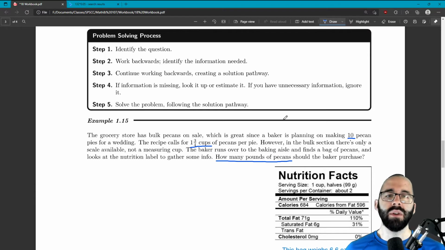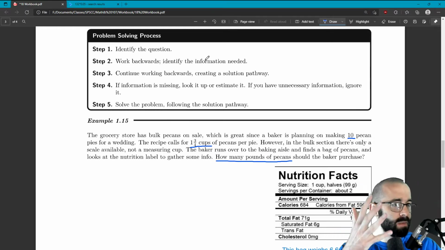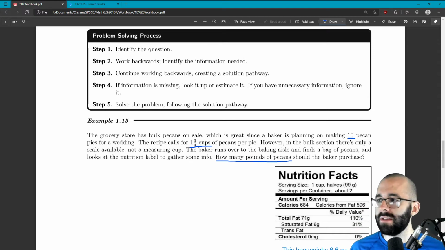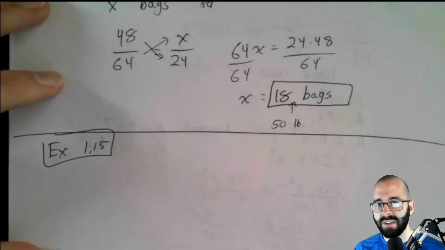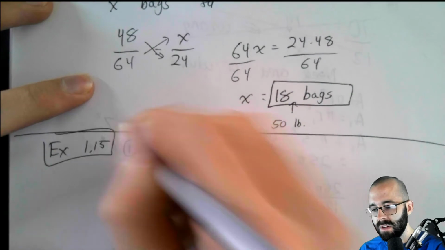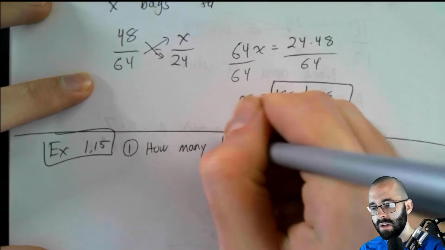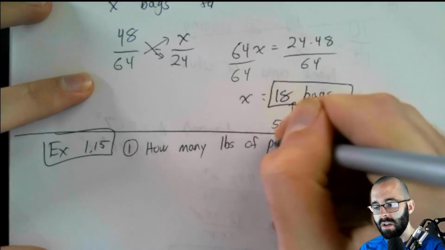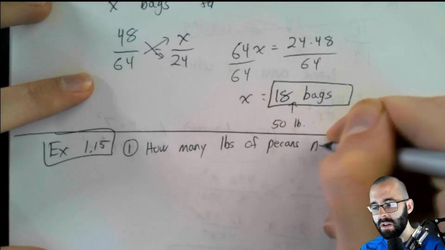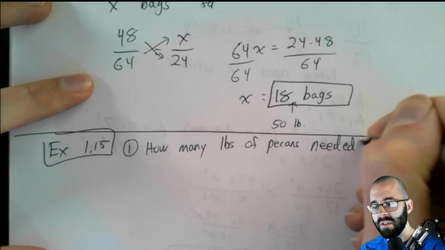Now we need to work backwards. Identify what information we need. We need to know the relationship between cups of pecans and pounds of pecans. Let's write these things down. Step 1. How many pounds do we need? That was step 1.